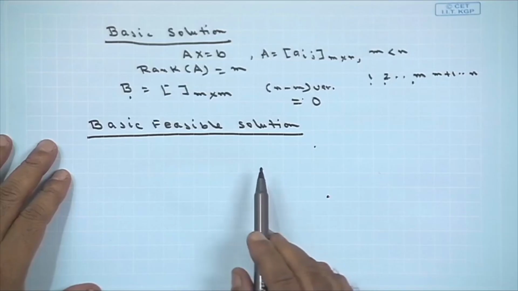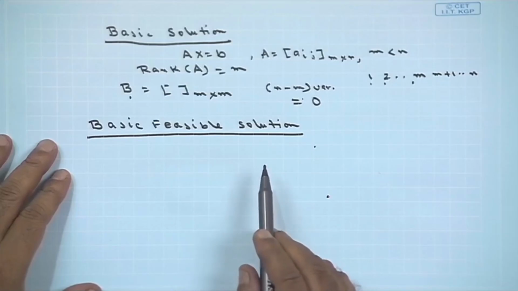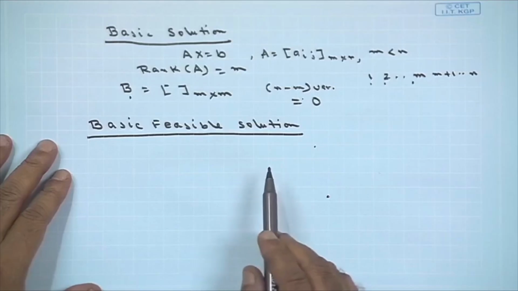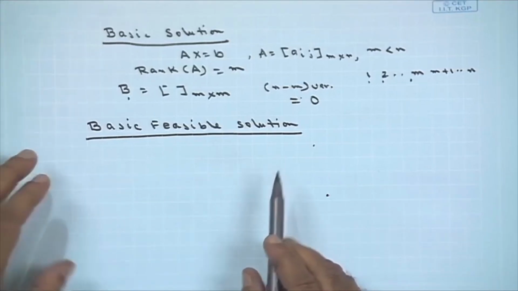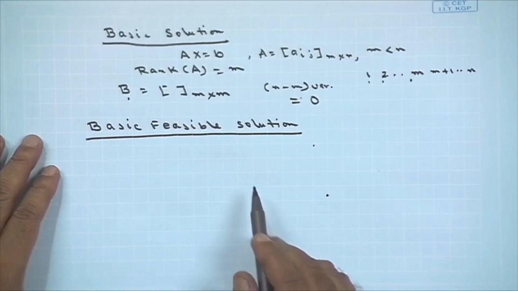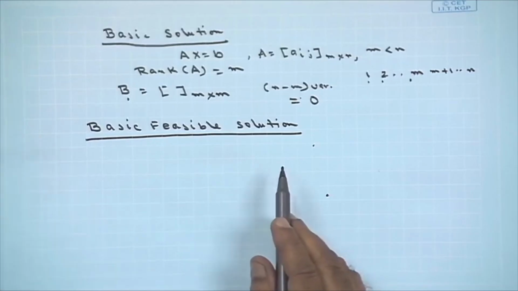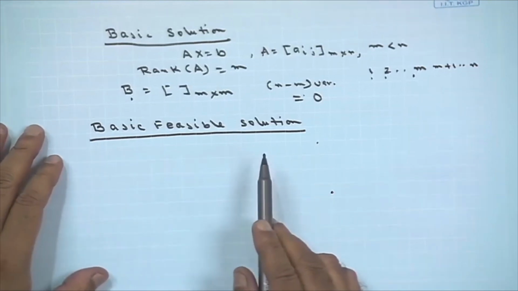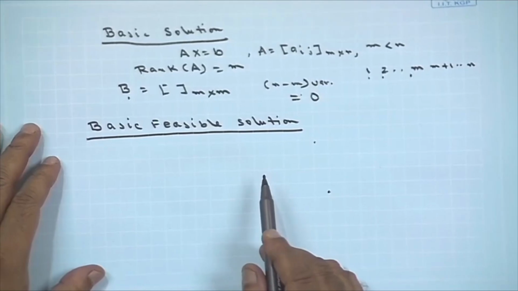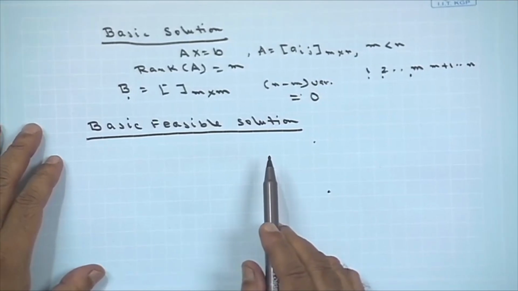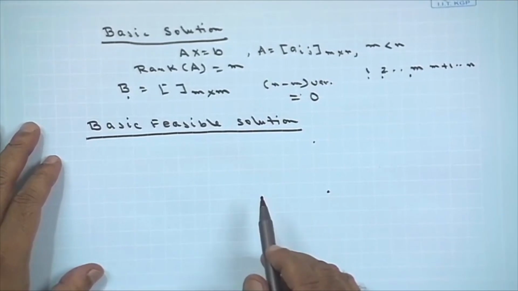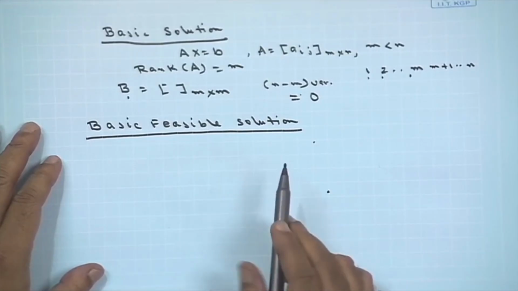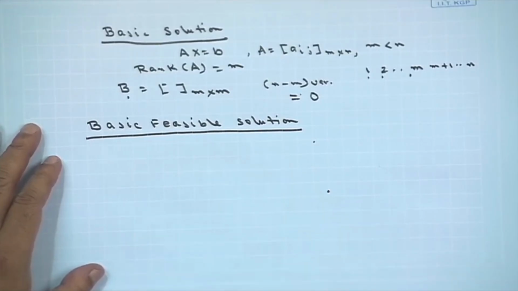So, if a feasible solution to an LPP is also a basic solution, then we call it a basic feasible solution.